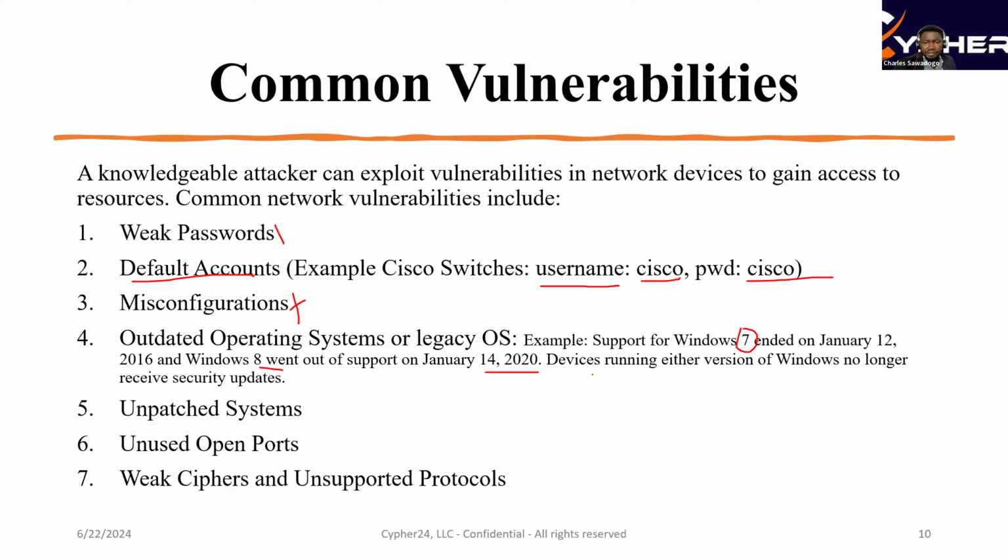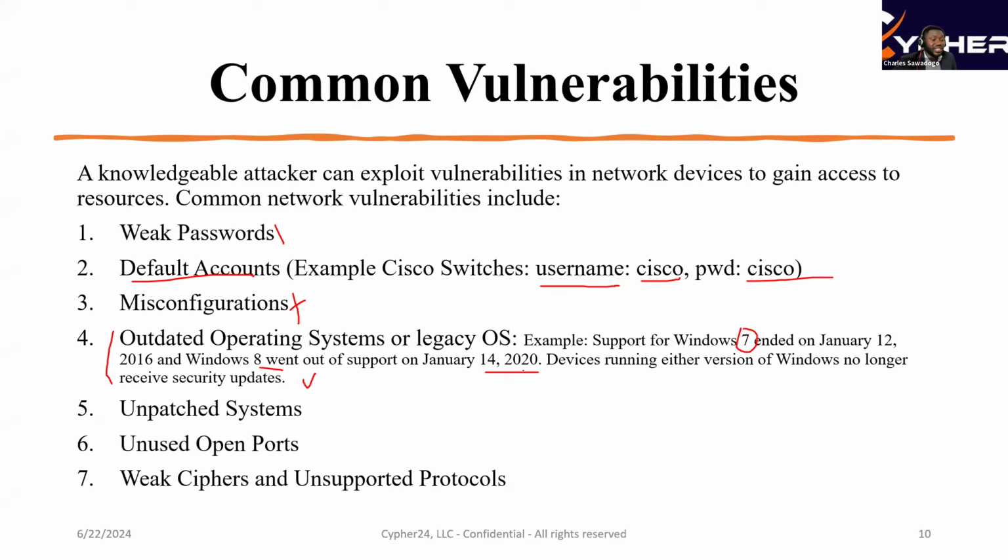Devices running either version of Windows are no longer receiving any security updates. But the bad news is that some companies built their applications only to run on these legacy systems, and they cannot migrate immediately. So they will have to keep them until they find a solution.